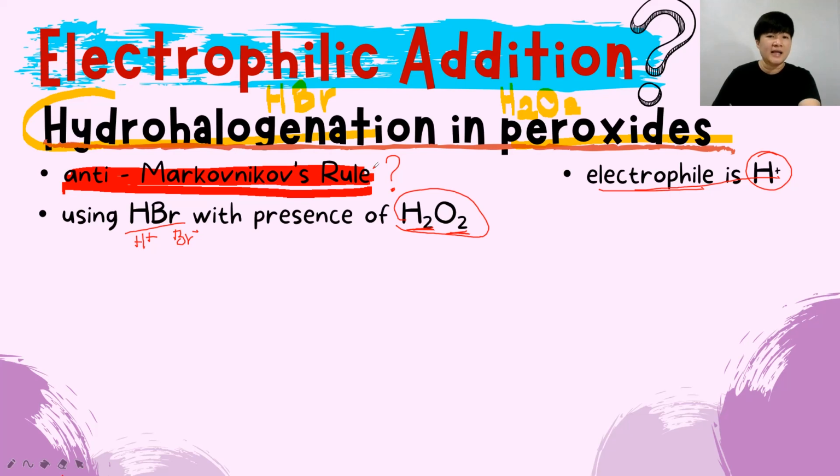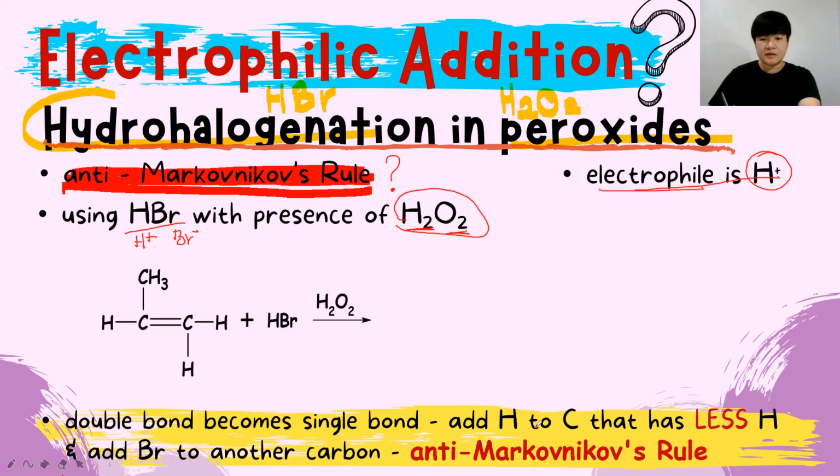And what does the anti-Markovnikov rule say? The anti-Markovnikov rule states that the electrophile H+ will be added to the carbon that has less hydrogen. All this while, when we follow Markovnikov rules, your electrophile will always be added to the carbon that has more hydrogen.